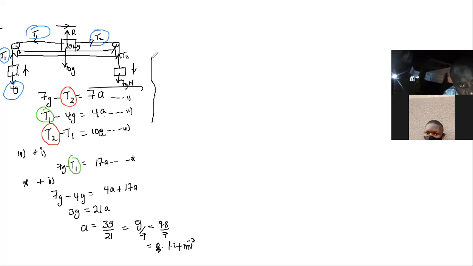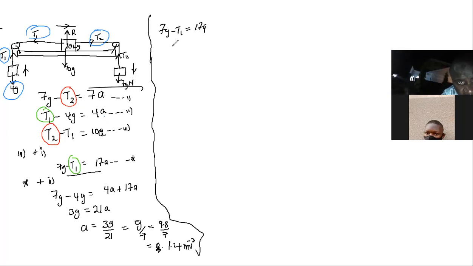So having gotten the acceleration, you can come here and make T1 the subject. For example, 7G minus T1 is equal to 17A. So T1 is equal to 7G minus 17A. But you have attained A already.